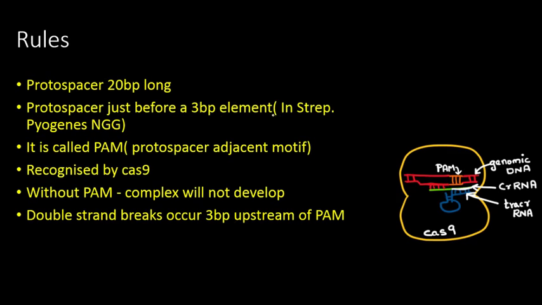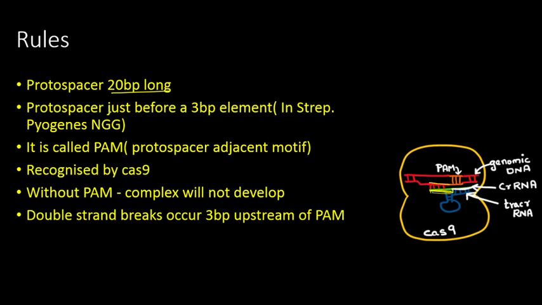Now there are certain rules in all of this. The protospacer, again, this is the protospacer, should be 20 base pairs long, which means the spacer is also 20 base pairs long, which again means we only need to change these 20 base pairs if we want to target a different site.